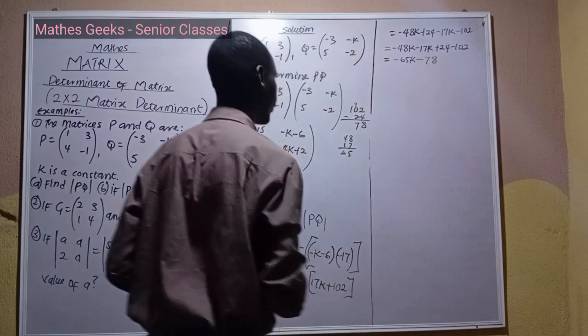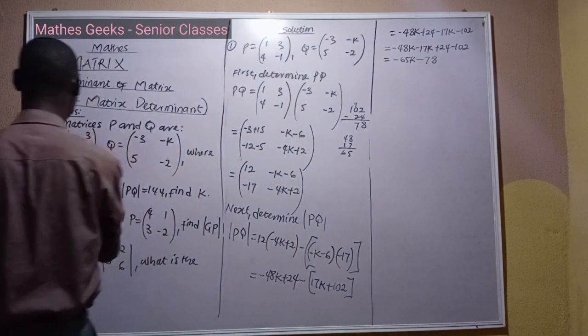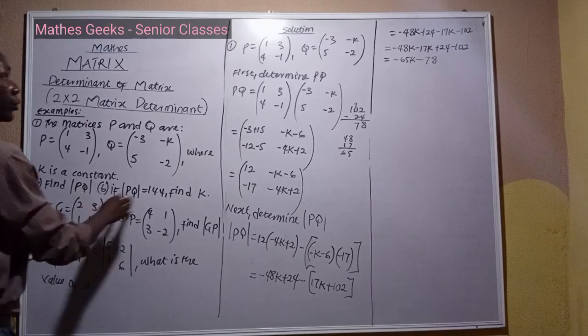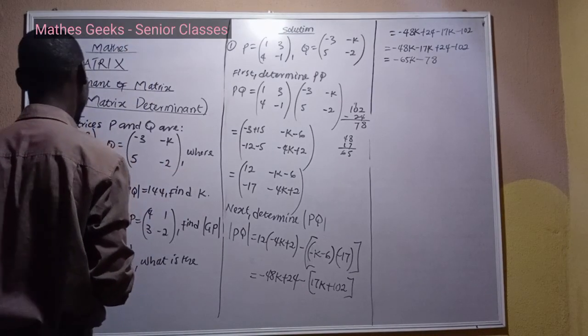So that's the answer to E. The determinant of matrix PQ is minus 65k minus 78.